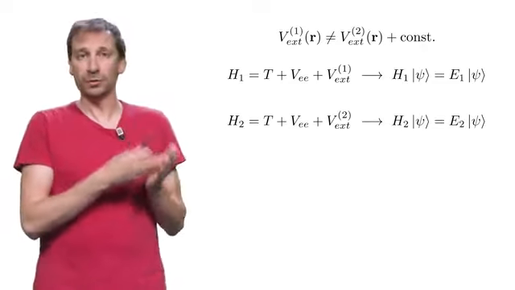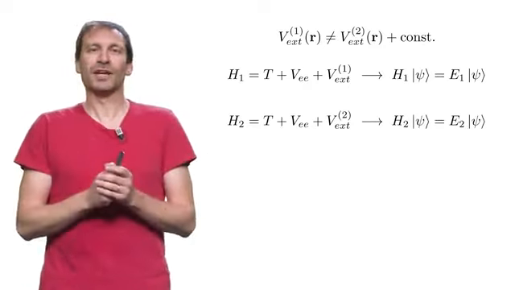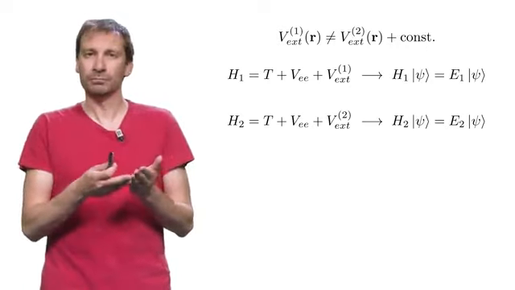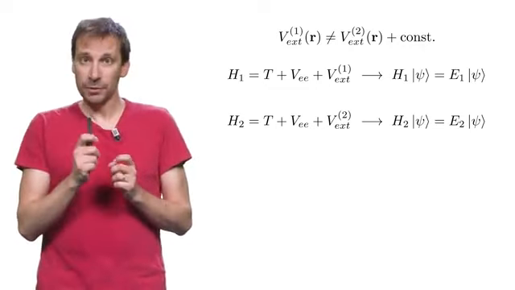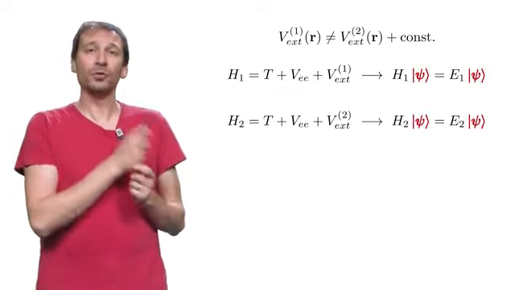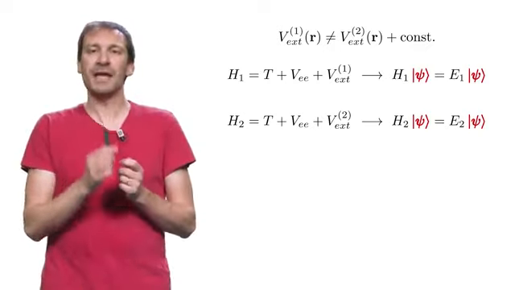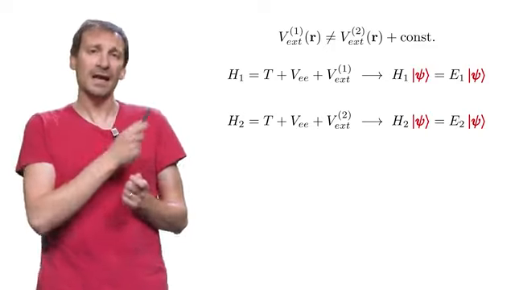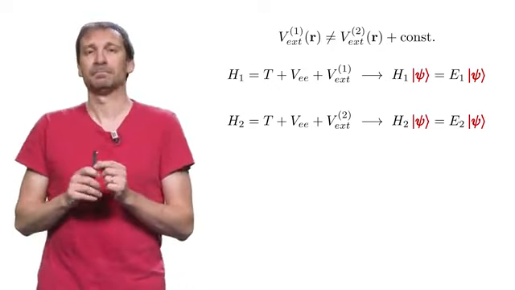Similarly, potential 2 gives another Hamiltonian, let's call it 2, which again we diagonalize to obtain the total energy E2 and the ground state wave function psi. Our assumption says that for two different potentials, V1 and V2, we have the same ground state wave function psi. Here I highlight them in red. The wave functions are the same.